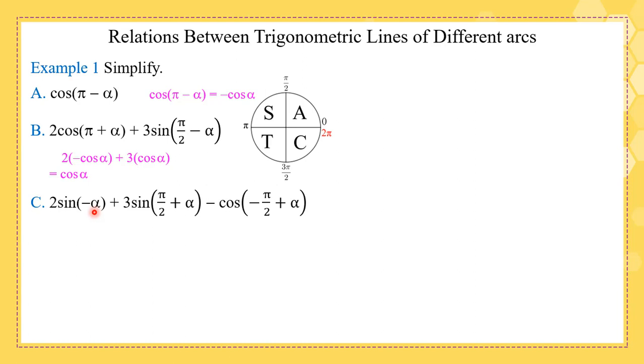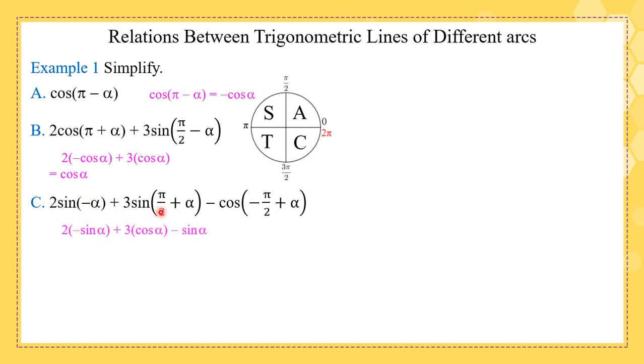In this case, we have minus alpha. Fourth quadrant, we have pi over 2 plus alpha. The second quadrant, and minus pi over 2 plus alpha. This is minus pi over 2 clockwise, and then plus alpha anti-clockwise. So this would be in the fourth quadrant. Now for the first one, in the fourth quadrant, the sine is negative. This is minus sine alpha.